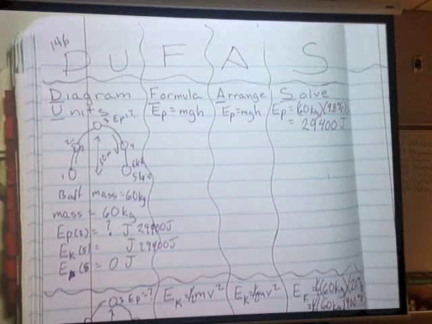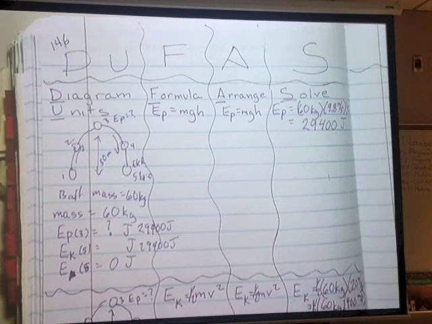So, basically what I just showed you is how to answer your essential question, which is how would you use both of these formulas to demonstrate the law of conservation of energy. In both instances, the potential energy at point 3, which is always going to be your most potential energy, is always equal to the kinetic energy at point 5, which is the bottommost point.